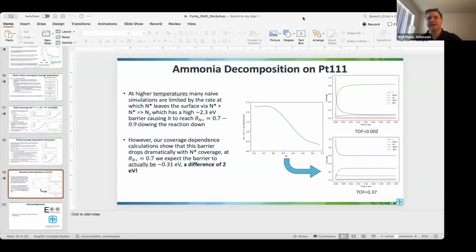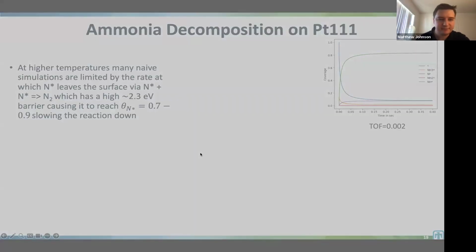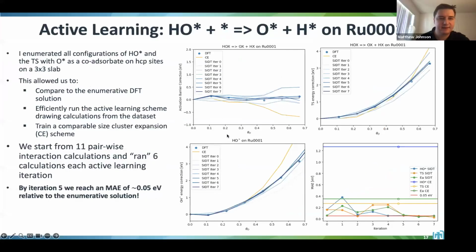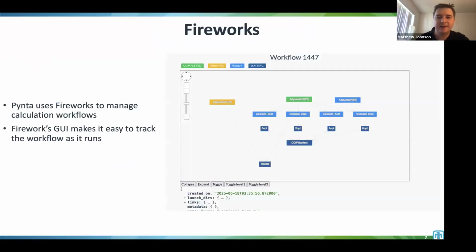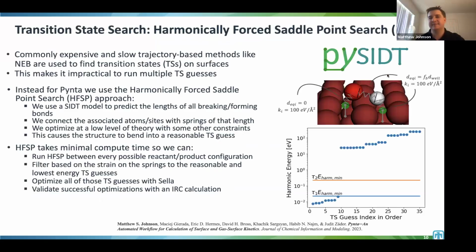It knows. So for HFSP, what we do is we have a model. I have a database of transition states, and I know what those transition states are of, and I know how long the transition state bond lengths are.